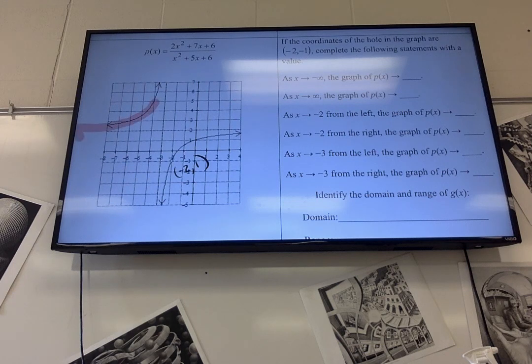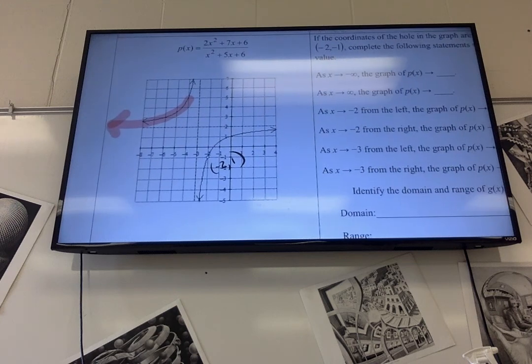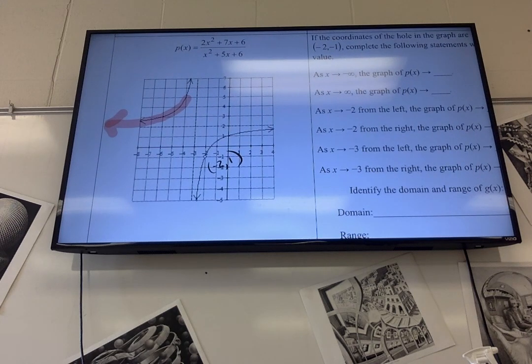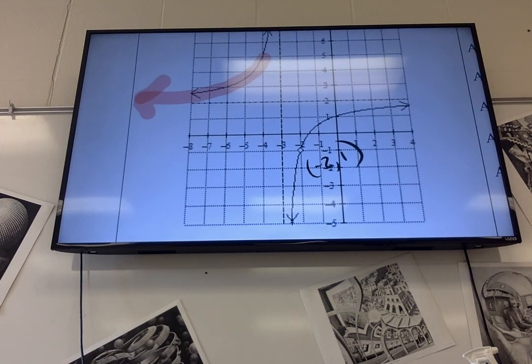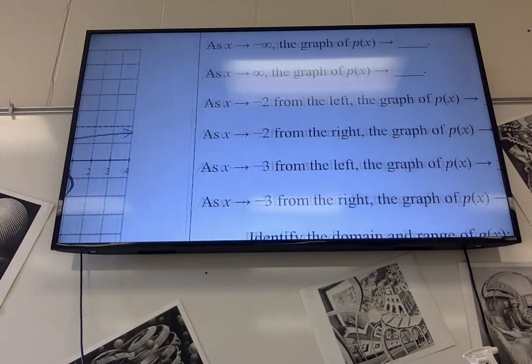Approaching negative infinity, so I'm going this way. So it's flattening out. What number is it flattening out to? Is it 2? Yes. I couldn't tell. No, that's okay. 2. Yes, absolutely right. Good job.